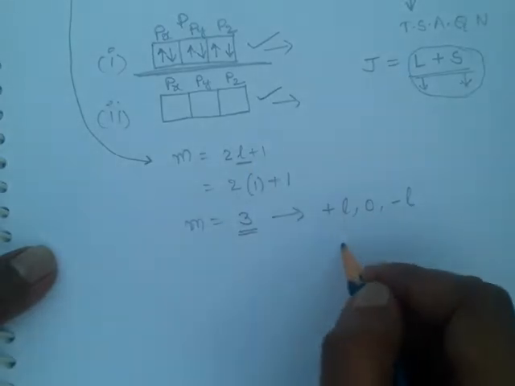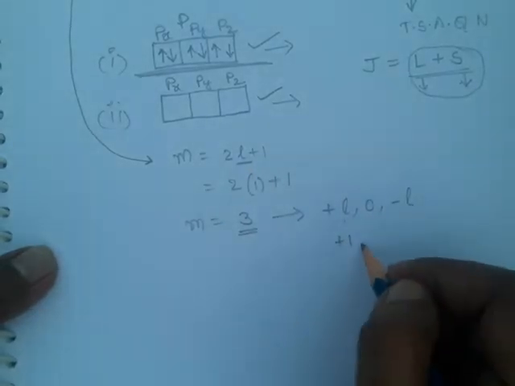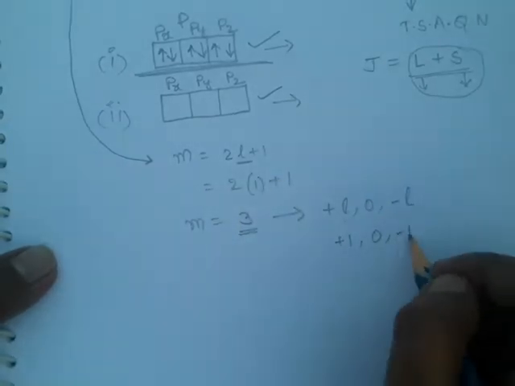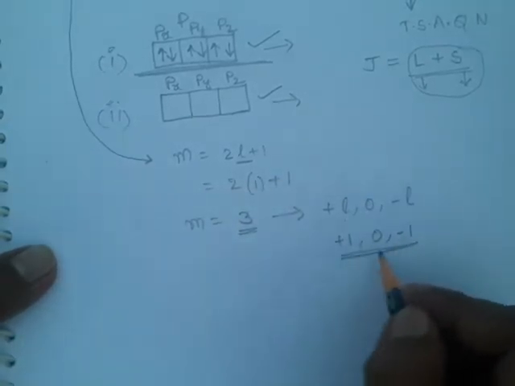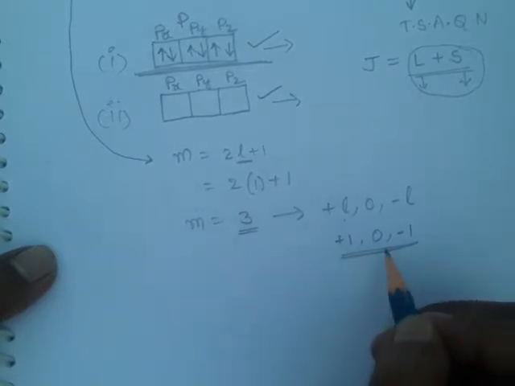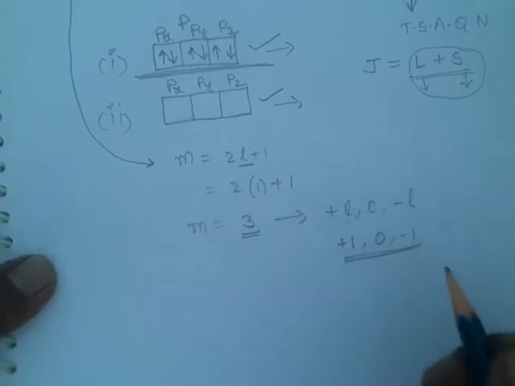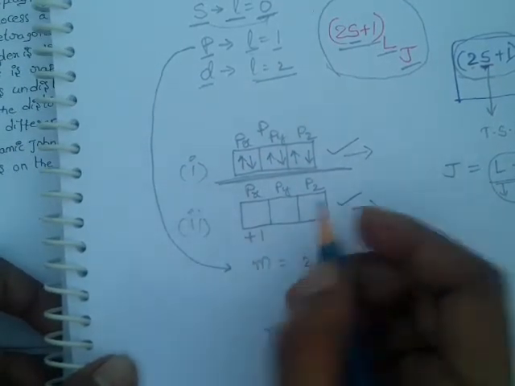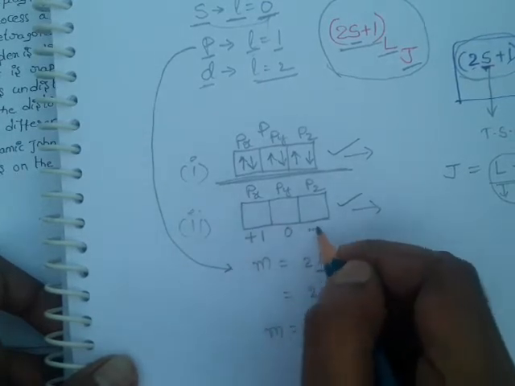For p orbital, plus 1, comma 0, comma minus 1. So how many m values are there for p orbital? 3 m values. What are they? Plus 1, 0, minus 1.